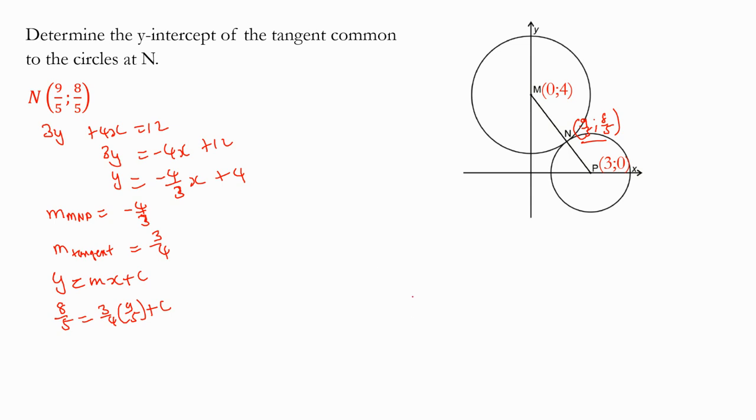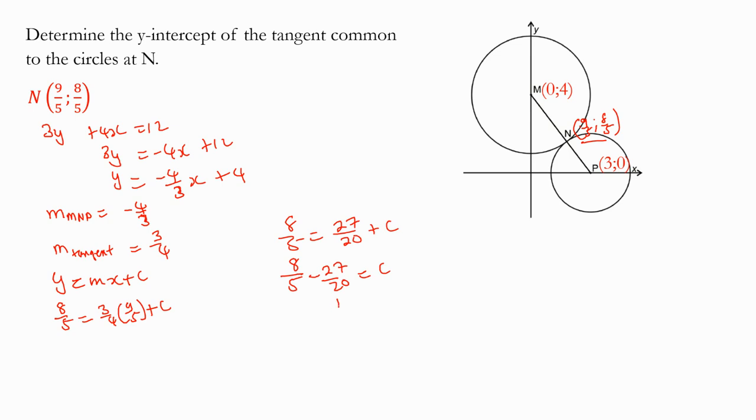So it's 8 over 5 is equal to 3 over 4 times 9 over 5 plus c. So we have 8 over 5 is equal to 27 over 20 plus c. Right, 8 over 5 minus 27 over 20 is equal to c.